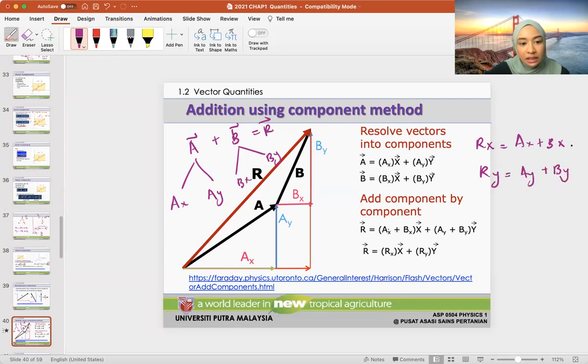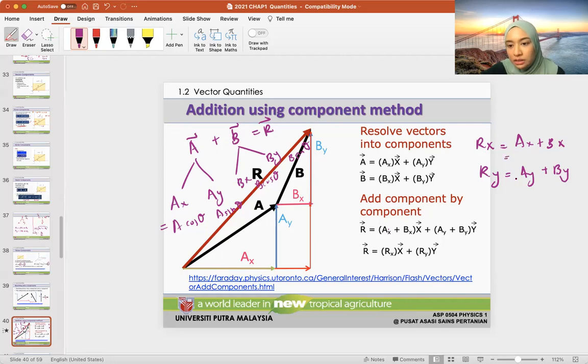How do you find these? Remember AX is A cosine theta, AY is A sine theta, BX is B cosine theta, BY is B sine theta. Okay, you get the idea. You find these components and then for the resultant, you add them together. Rx, this is the x component of the resultant, AX plus BX. This is the y component of the resultant, AY plus BY.